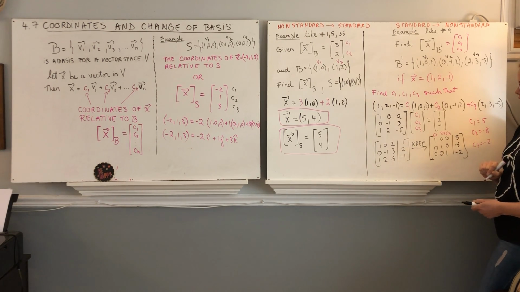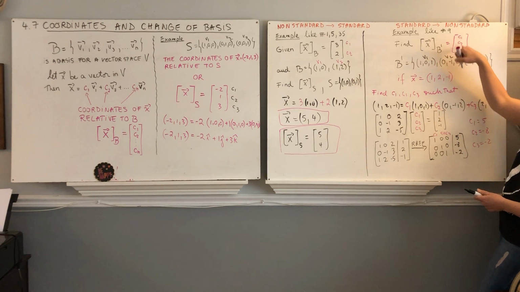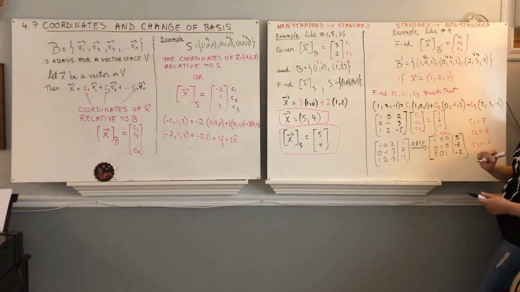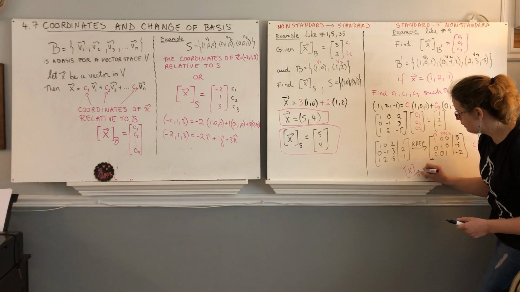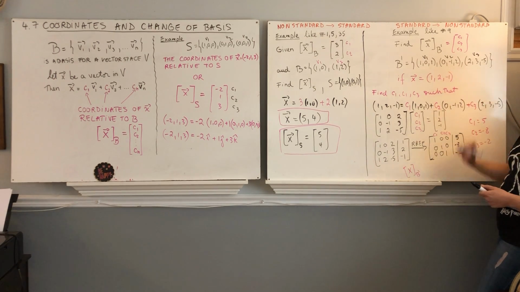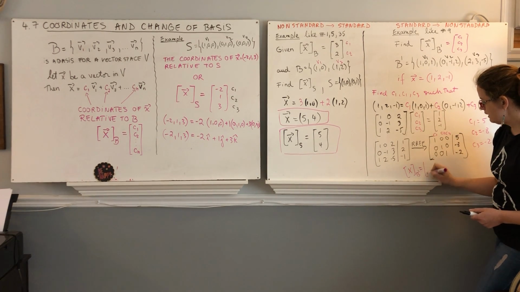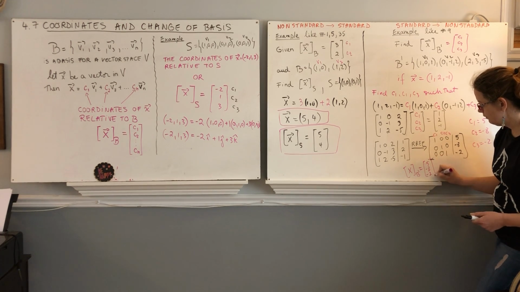What does that mean, really? It means that the coefficients of x with respect to b prime are made of these things. So to use our notation, the coefficients of x with respect to our basis b prime are going to be 5, -8, -2.